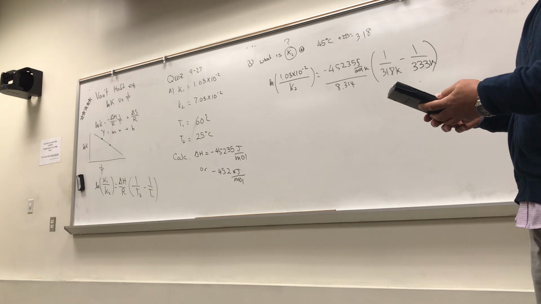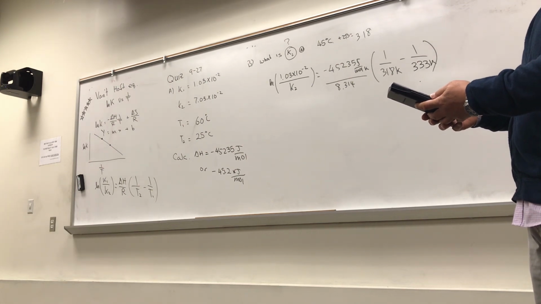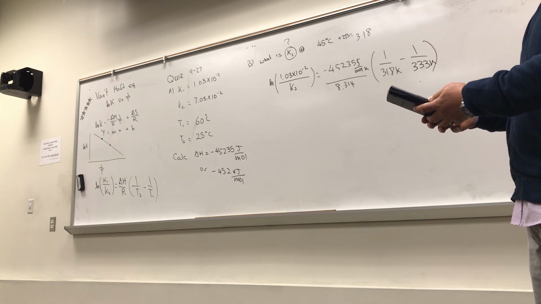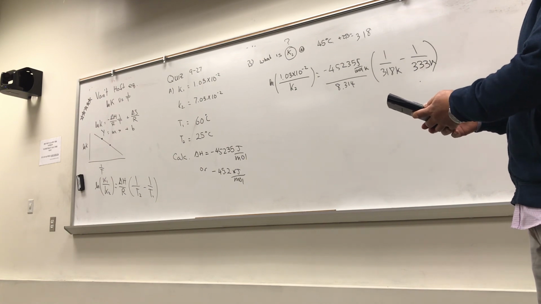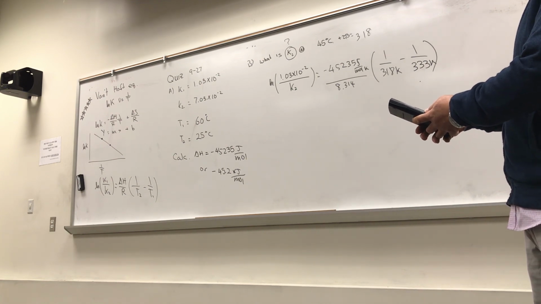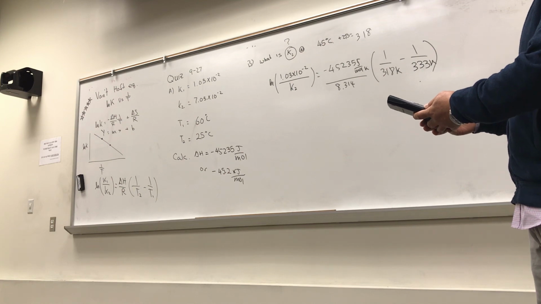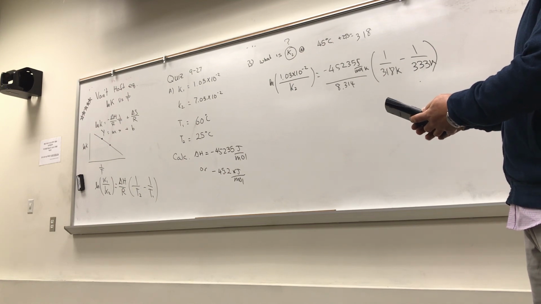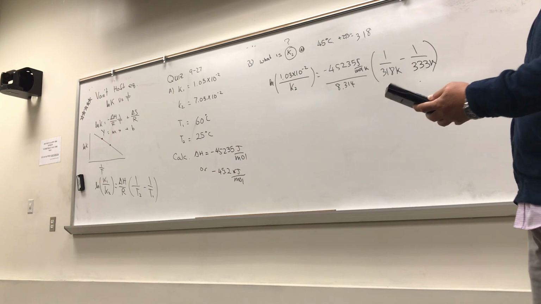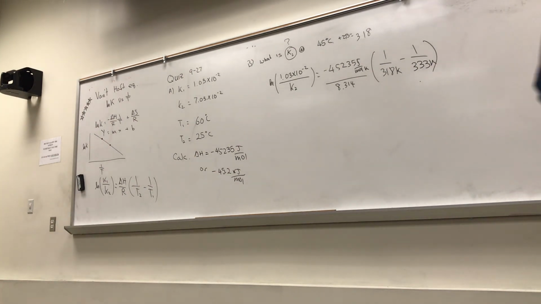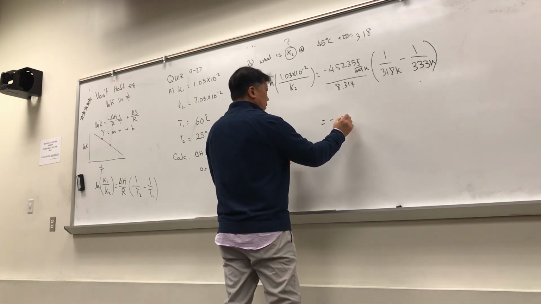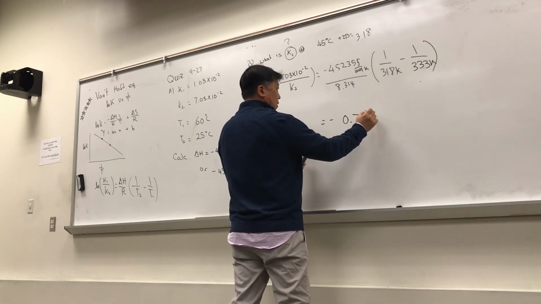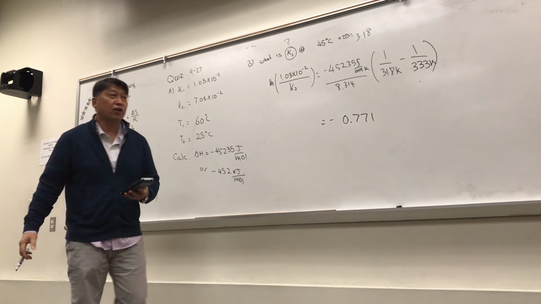Negative 4, 5, 2, 3, 5 divided by 8.314 times open parentheses 318 inverse minus 333 inverse close parentheses, enter. I got negative 0.771. Close enough.